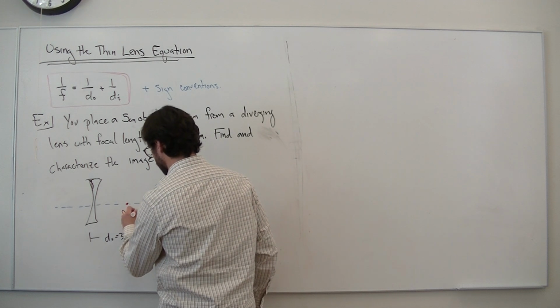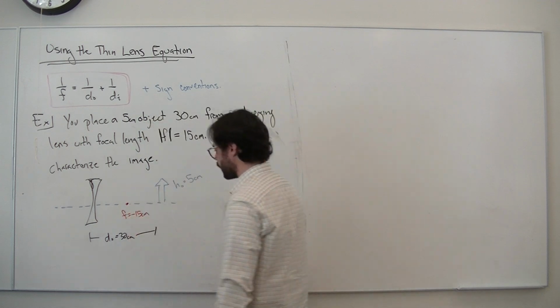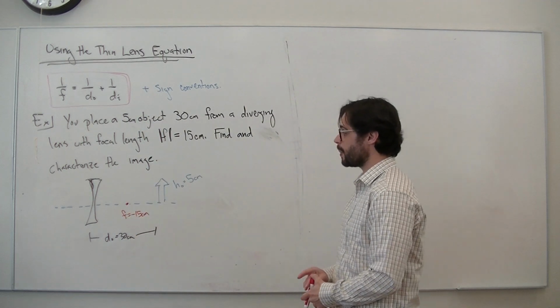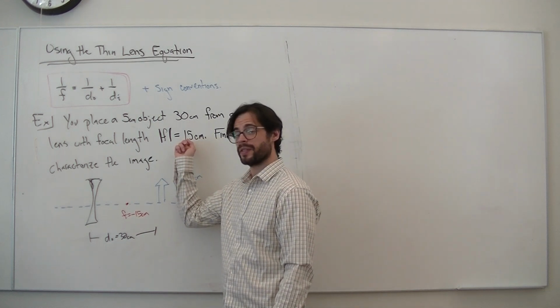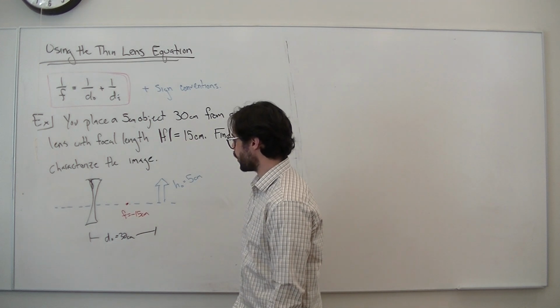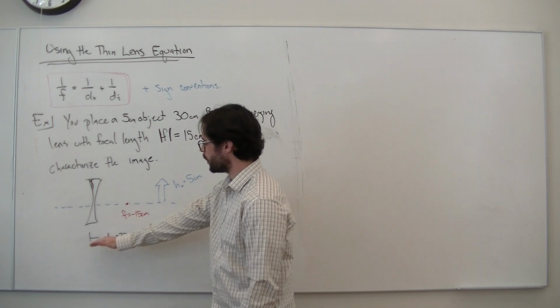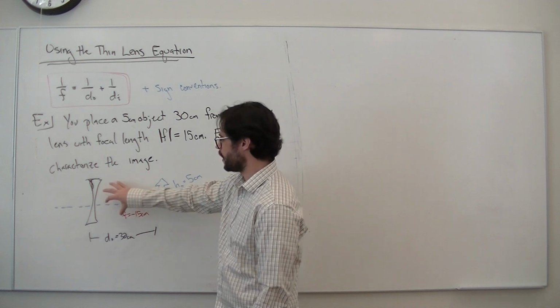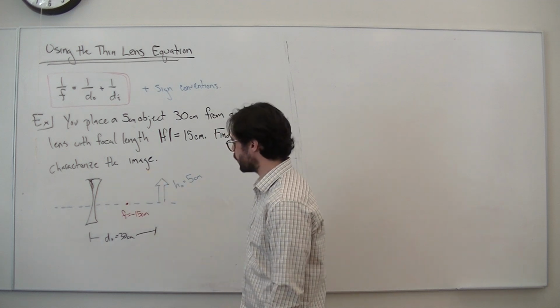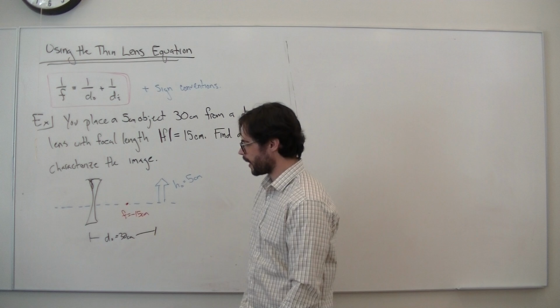So F. And technically that's negative F when we use our sign convention. Two ways of thinking about it. One way is focal length is negative for diverging lenses. The second way is anything that didn't make it through the lens is negative. So D naught is positive, and any image or focus on this side would be negative. Okay, but one way or another, this is what we have.